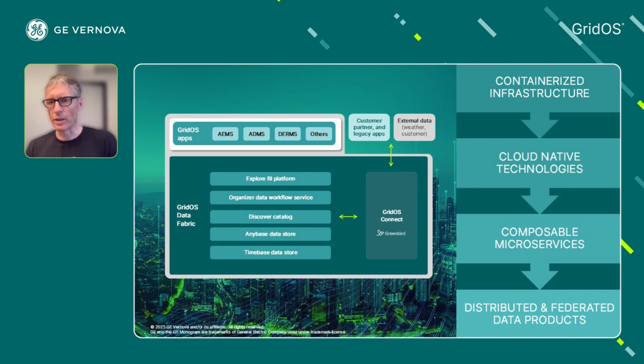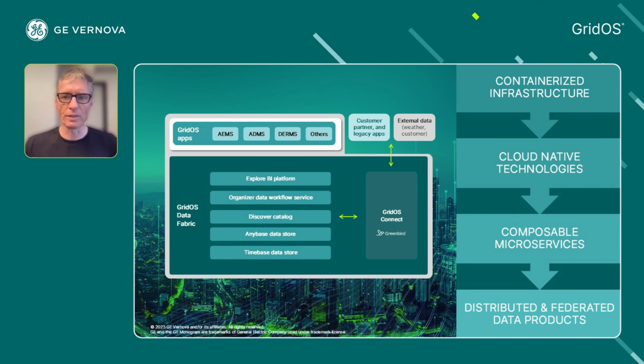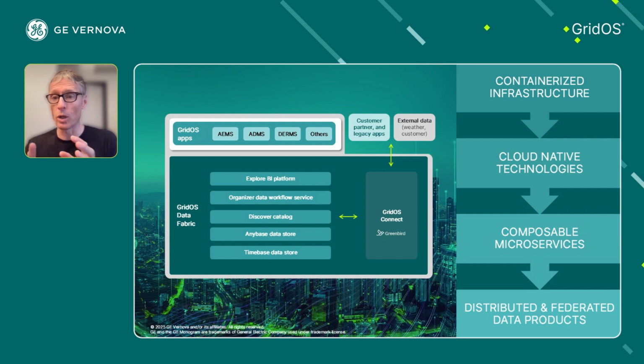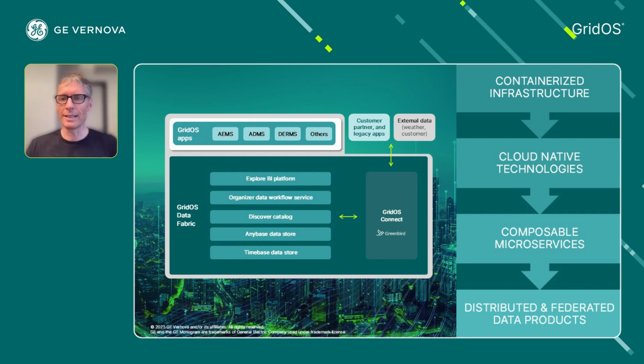So GridOS Connect is an enterprise service bus, a middleware, an integration platform, purpose-built for utilities. And as part of this, we have built-in support to handle a secure, bi-directional IT-OT integration.